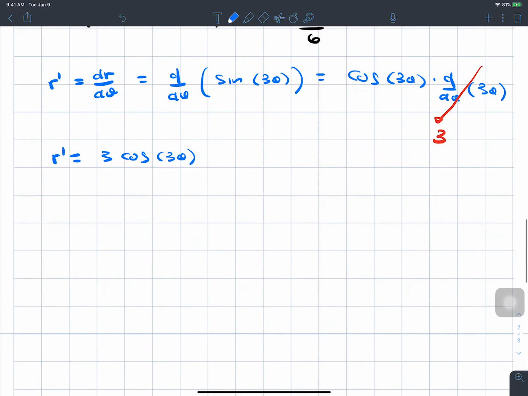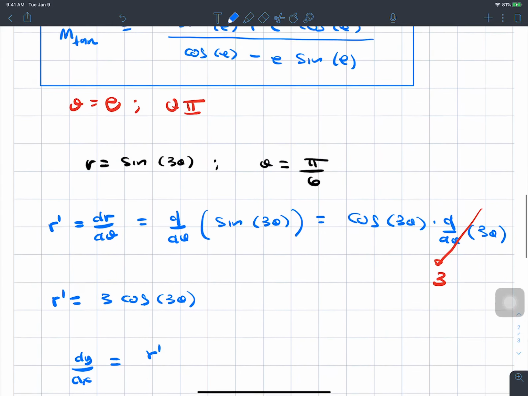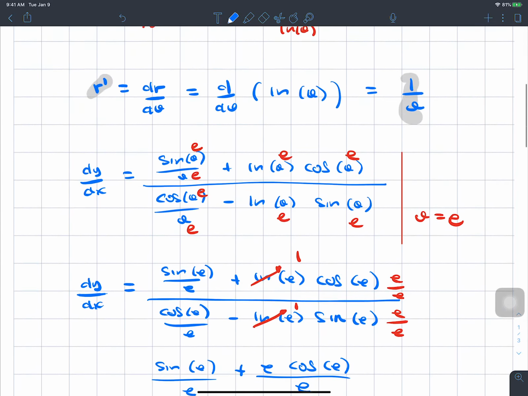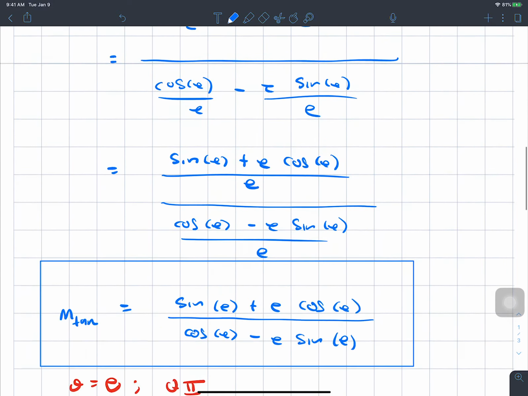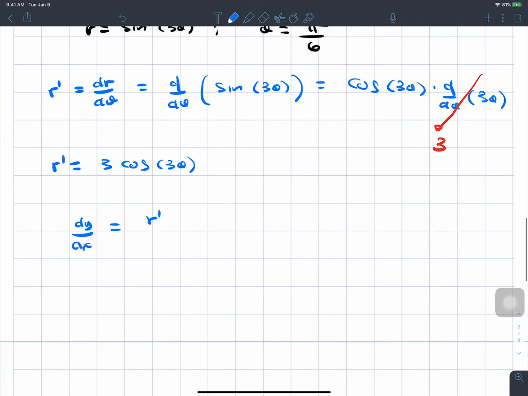Now, this is what we're going to use. It's the same question as the last one. They want dy/dx, which is r prime. Now go back over here. Remember our formula: r prime sine theta plus r cosine theta, over r prime cosine theta minus r sine theta.